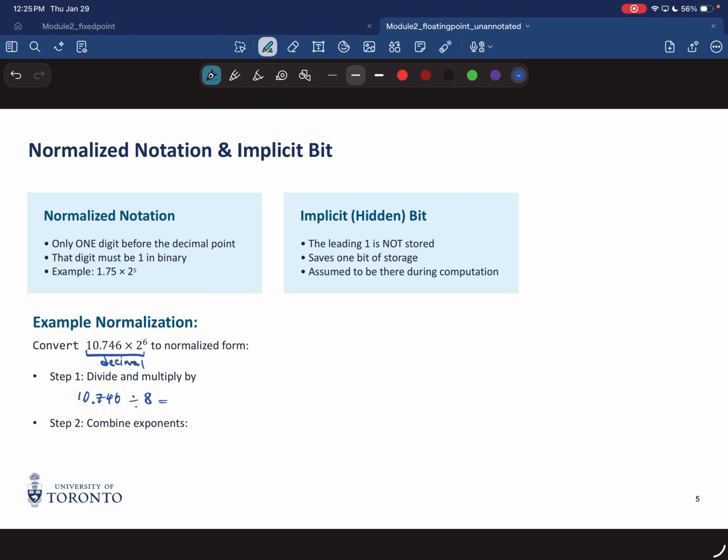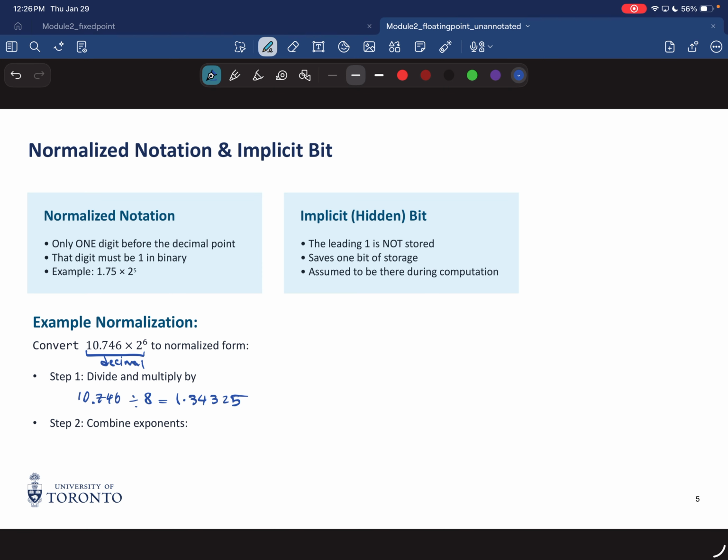It would be 10. And 746 over 8, that would be 1.34325.